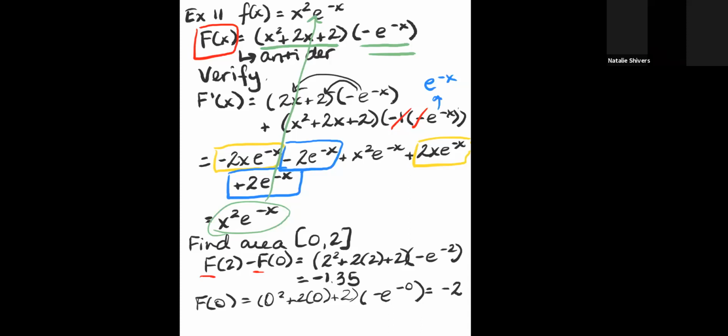Okay, plug it all into your calculator if you need to. All right, so I get negative 1.35 for the first piece minus negative 2. Do be careful how you plug it in. So I get plus, which gives me a positive 0.65.